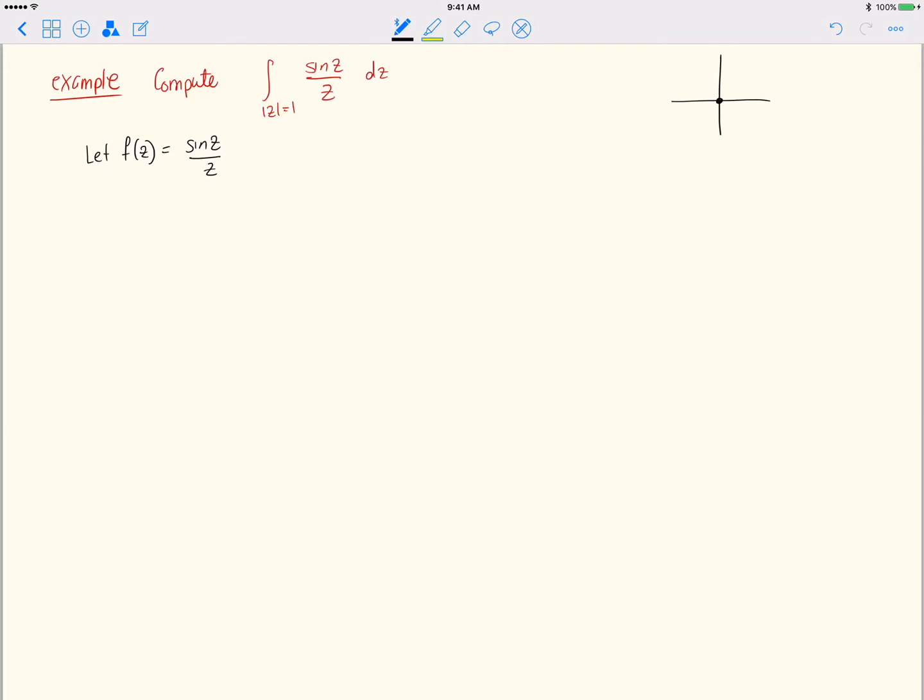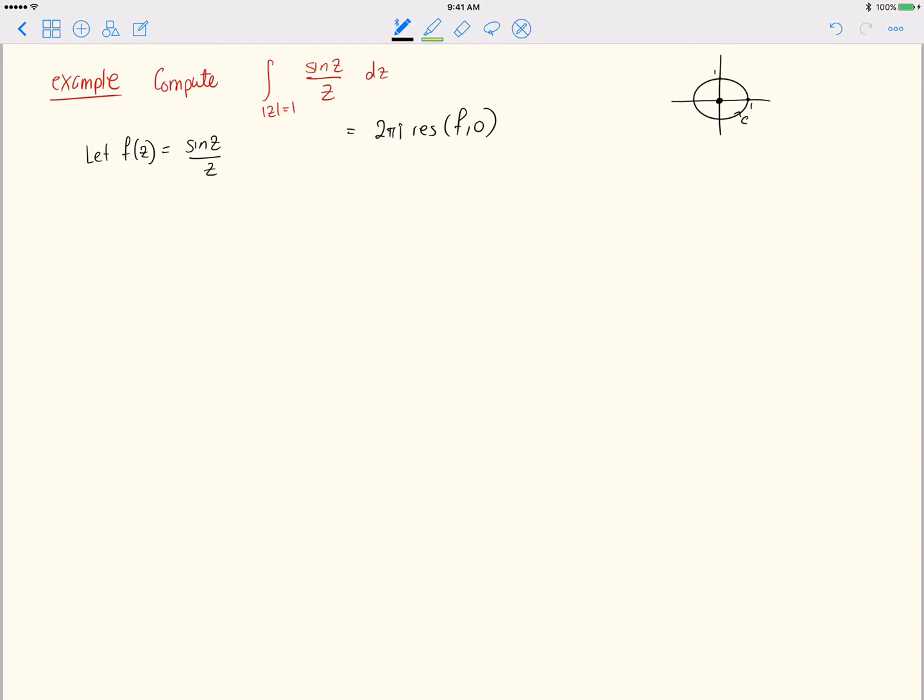As I said, it's just the unit circle. Okay, let's pretend that's a circle. So this is 1, 1. So as you can see, the only singularity within C, or within modulus z equals 1, is at z equals 0. So therefore, this integral is going to equal 2 pi i times the residue of f at 0.